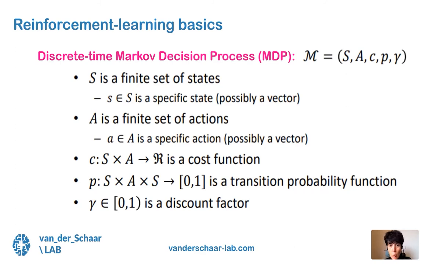We are optimizing not only myopically, like in the previous example, the utility or the cost. This time we are going to optimize a long-term utility function. And because of that, we need to discount the future. So we are also going to select a discount factor gamma.